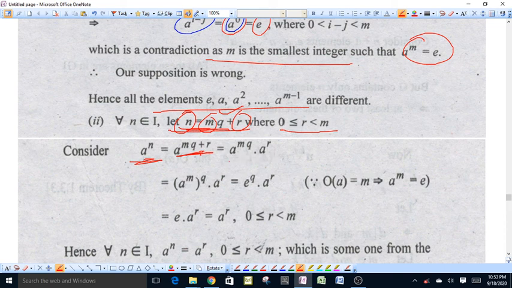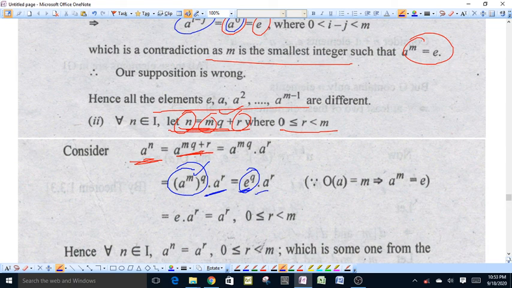which will be equal to a raised to power m q dot a raised to power r. A raised to power m q can be written as a raised to power m, raised to power q, into a raised to power r. Because the order of a is equal to m, a raised to power m will be equal to e, so e raised to power q dot a raised to power r.